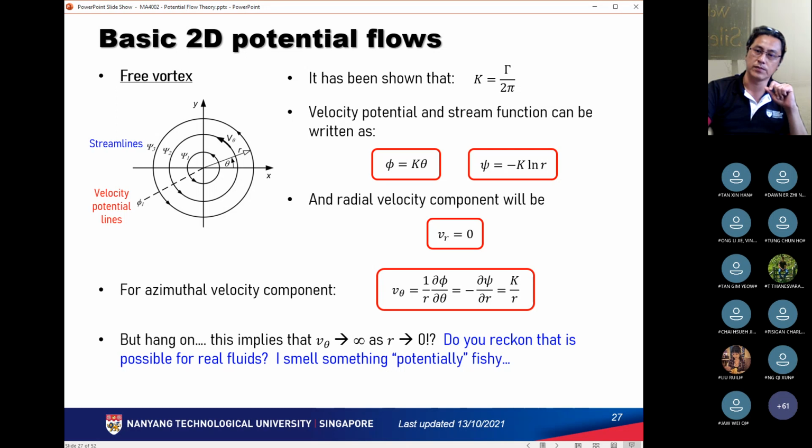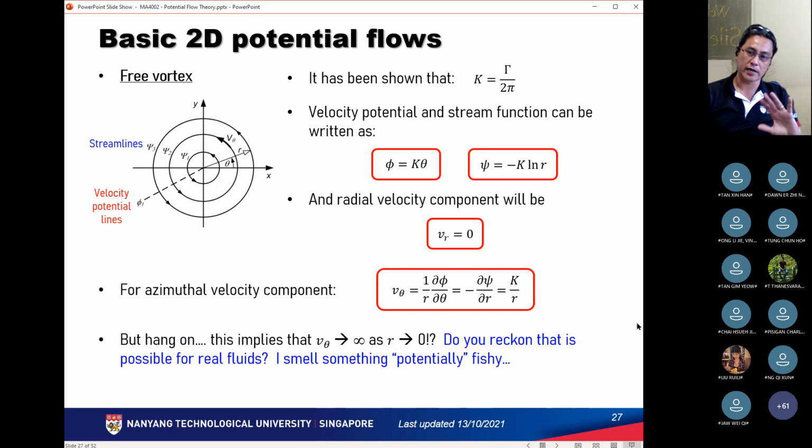That's fair enough, because as r tends towards infinity, as one goes further and further away from a free vortex, we feel less and less of the effects of the vortex. A tornado happening in the Pacific Ocean, I don't think we can really feel it here. Maybe we get slight gusts, more rain, but by and large we don't quite feel it per se. It's so far away.